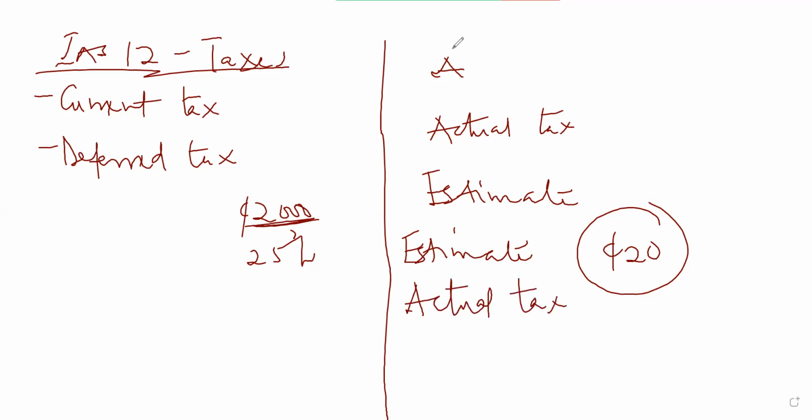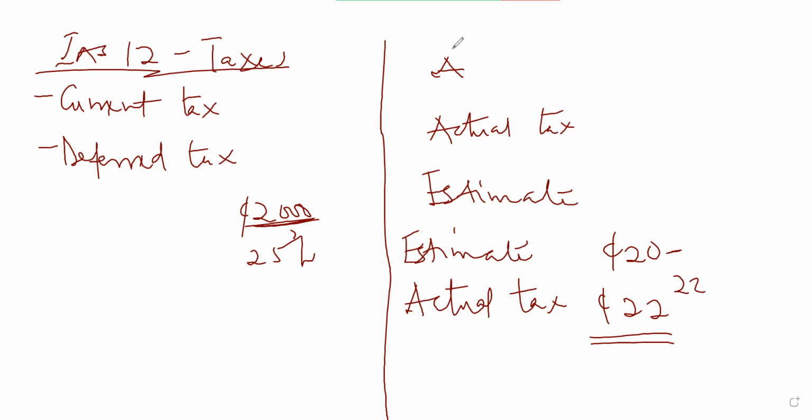So let's assume that the tax authority has given them the actual tax of 22 Ghana cedis. What is happening there? Our estimates were 20, and the tax authority is now giving them the actual tax of 22. There's been an increase in the tax. What you can see is that the actual tax that we should have charged should have been 22, isn't it?